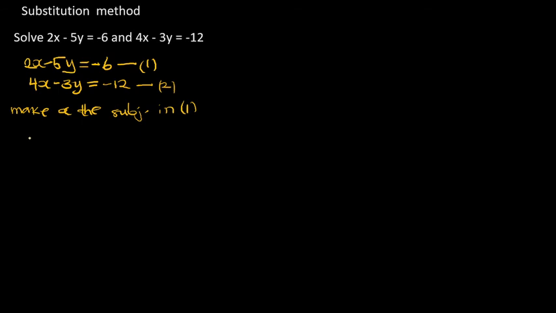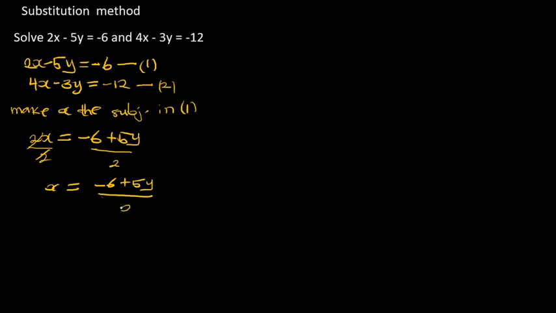So 2x will be equal to minus 6, and then we'll bring minus 5y to the right, so it's going to be positive 5y. Alright, so let's divide through by 2. The 2 cancels out 2, so our x is going to be minus 6 plus 5y, all divided by 2.